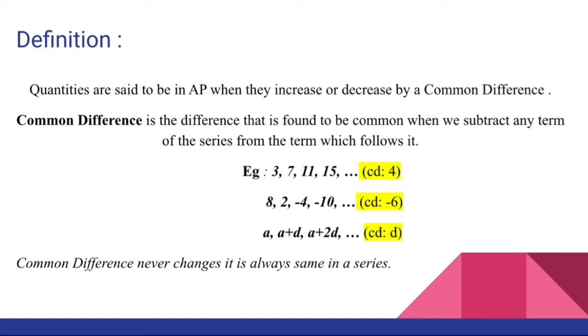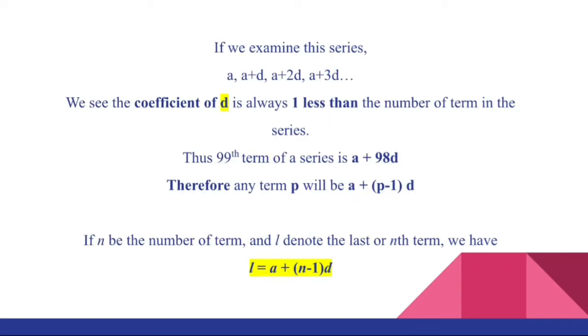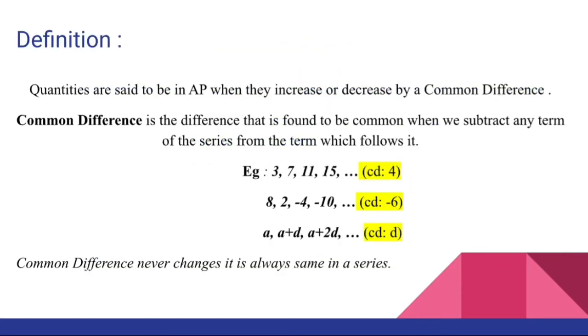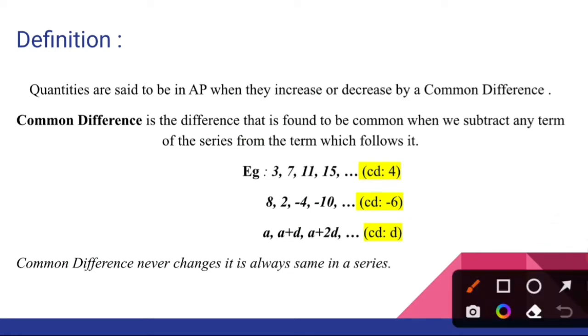Now we will get to another slide. This is also an AP because the common difference is d. If you say b, b plus d, b plus 2d, the common difference is d. If I say there is a series b, b minus d, b minus 2d, it is also an AP because the common difference is minus d.